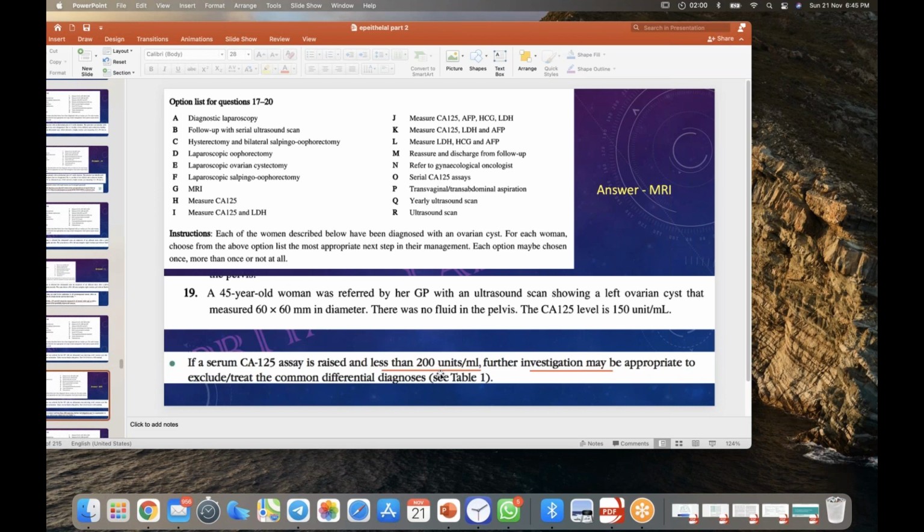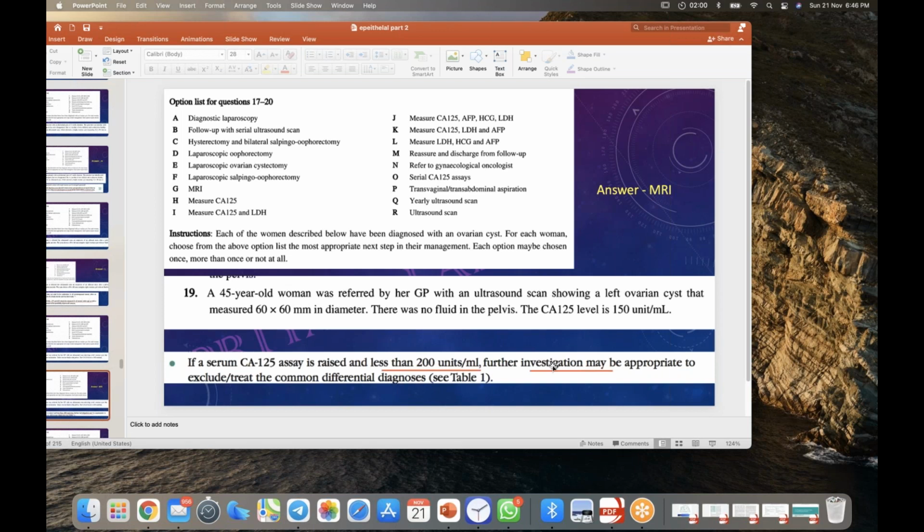If the RMI is more, then gynae-oncology referral is required. So there are two types of situation here. If CA 125 is not given in this question, then your answer will become yearly ultrasound. But if they have given CA 125 value, according to guideline, it is raised but less than 200.